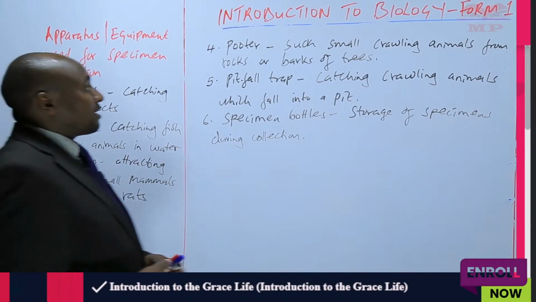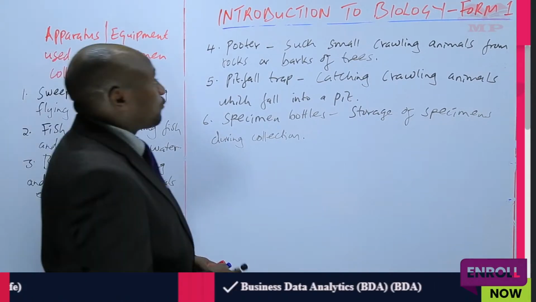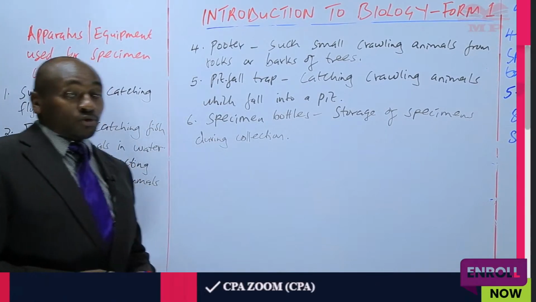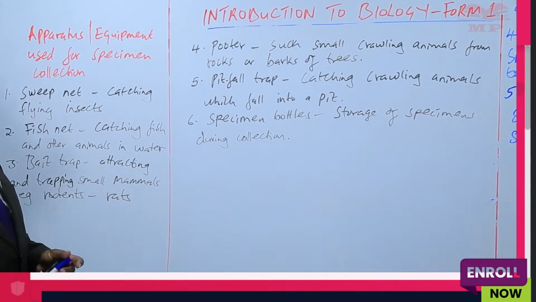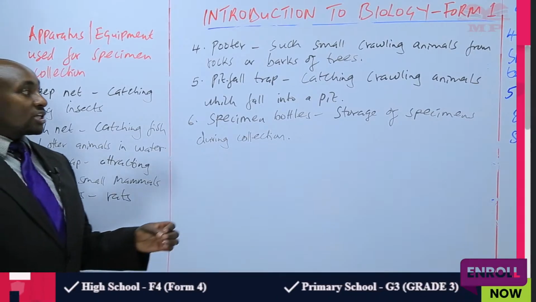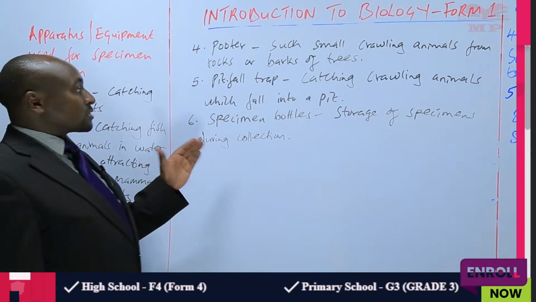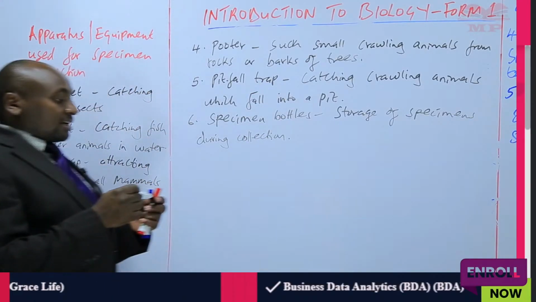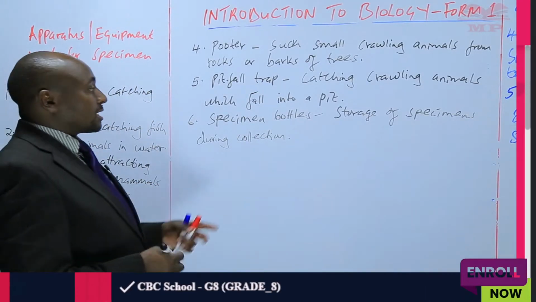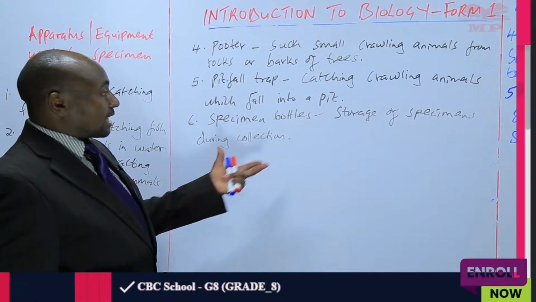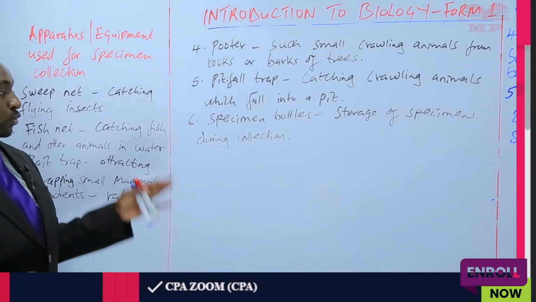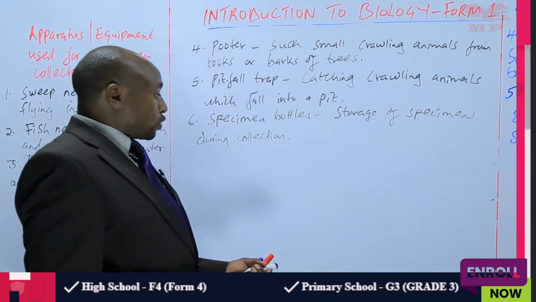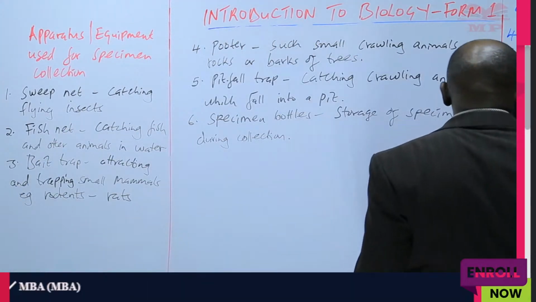We have a putter for sucking small animals from rocks or barks of trees. We have the pitfall, whereby we catch crawling animals by making them fall into a pit. And then finally, the specimen bottles that are for storage of specimen. So all those are part of the apparatus that we use for specimen collection. So we are going to have an assignment on that.